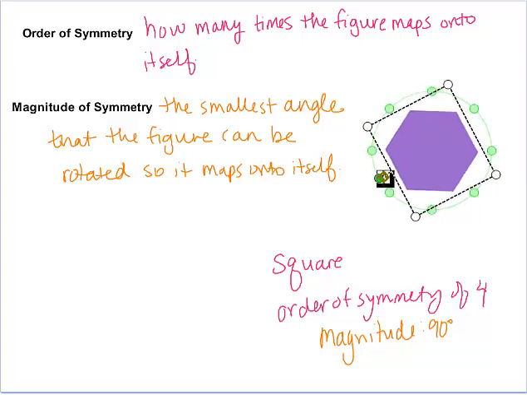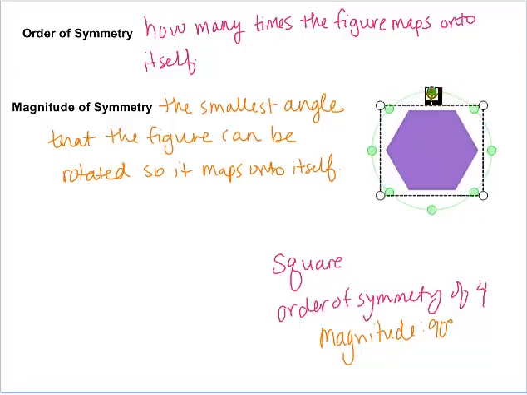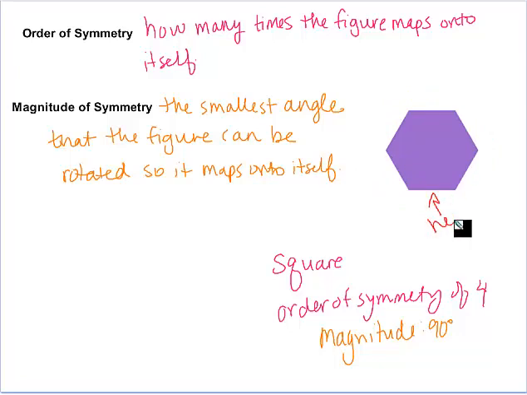Itself back 5, 6, and then our starting figure. So the hexagon here, its order of symmetry is 6.